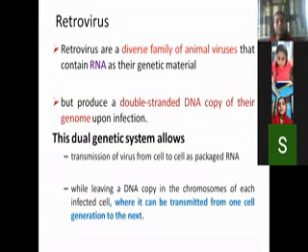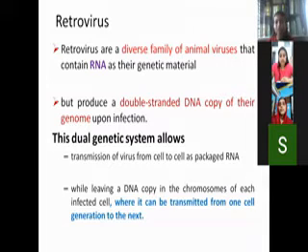But they produce a double-stranded DNA copy of their genome upon infection. Upon infection in the host cell, they produce a double-stranded DNA copy of their genome. Such viruses are called retroviruses.